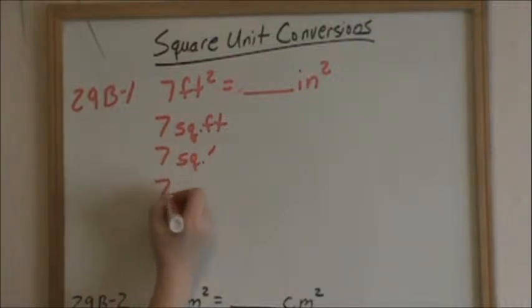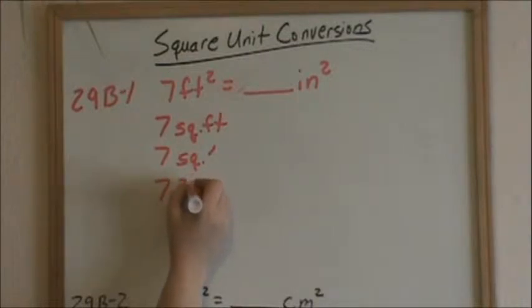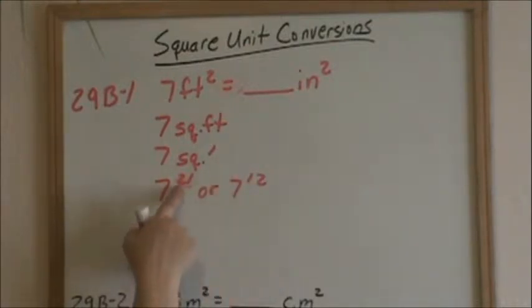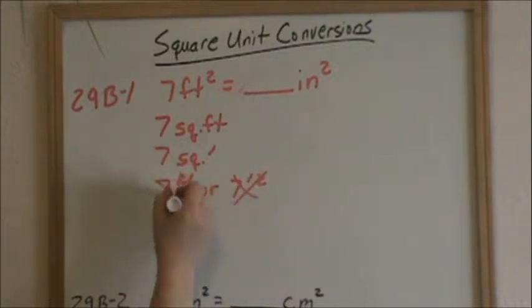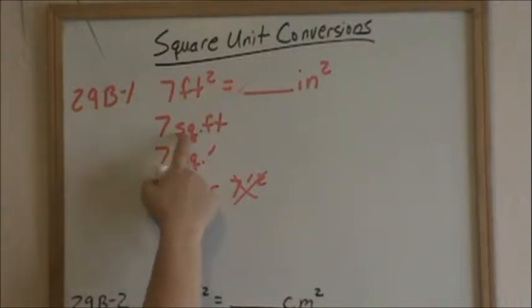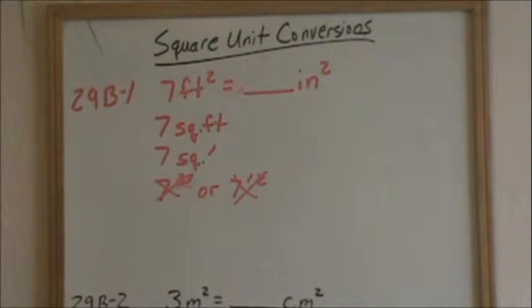You never say 7 square feet or 7 feet squared with symbols like that, because it looks like a 21 or a 12. Don't ever mix your symbols. You can mix your words with your symbols, or just all words, square feet. So that's what that means, square feet.